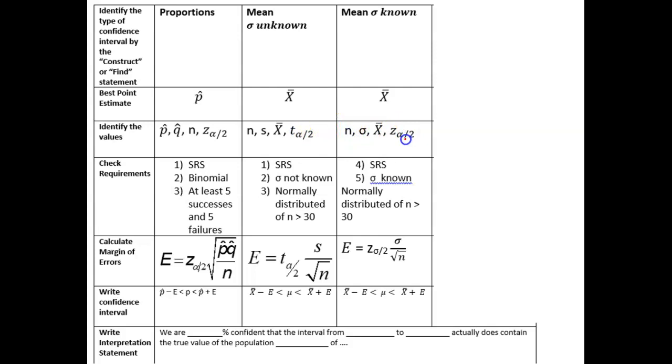We'll talk about that today. You can see the requirement checks listed, and we'll talk more about them. You have different margin of error formulas depending on the type. For both types, you do x bar minus the error and x bar plus the error to get the endpoints, and we still use the same interpretation statement. You can see how what we do today parallels what we've done with the proportions.